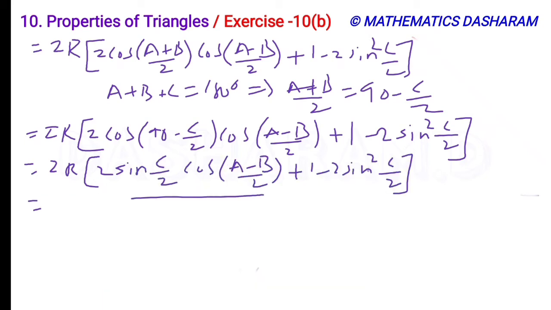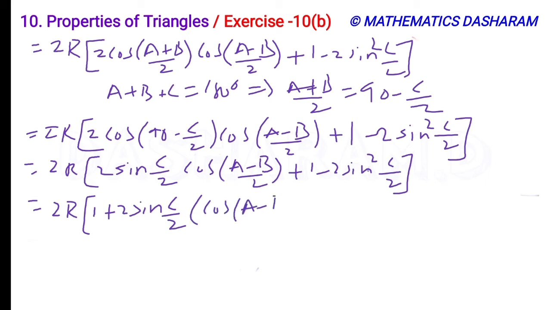So from these two terms we can take 2 sin C by 2 common, so 2R bracket of, first I am writing 1 plus 2 sin C by 2 common, so then cos (A minus B) divided by 2 minus sin C by 2.